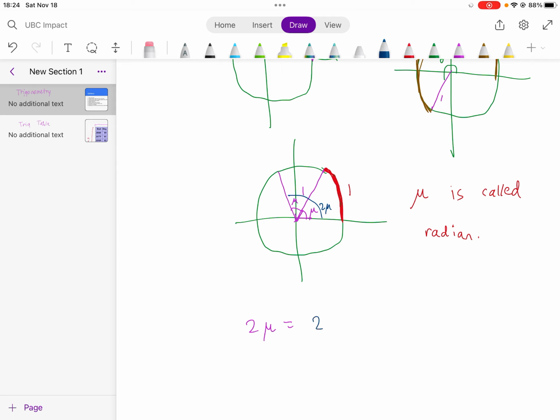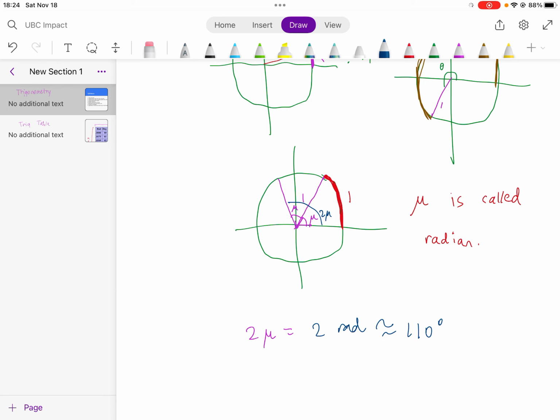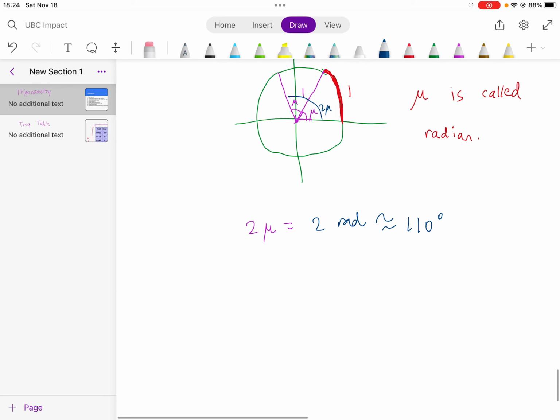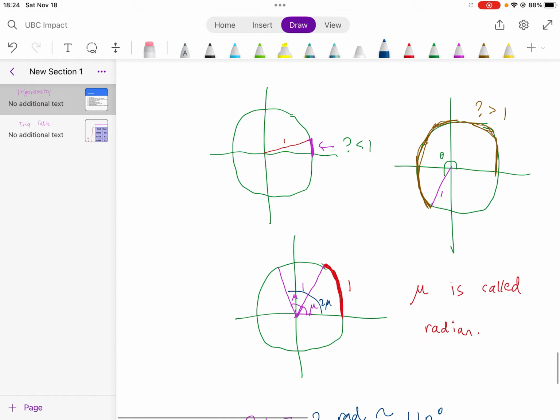So 2 mu would be 2 radians. And just by eyeballing, it's maybe about 110 degrees, and mu is like 50 something degrees. But in fact, we can find an exact value for how many degrees mu is, and I'll show you how to do that later. I'm just eyeballing right now.